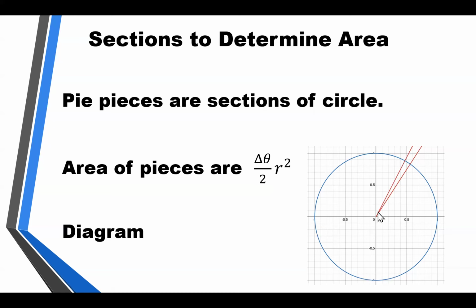So this is the diagram you end up with. But again, area of a pie piece is just change in angle theta divided by 2 times r squared. If you ever wonder about that, just think about what would happen with a quarter of the circle.